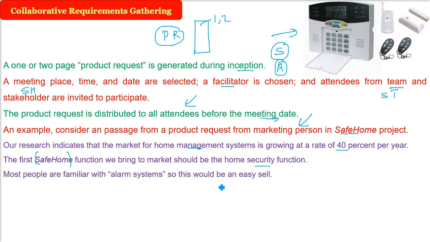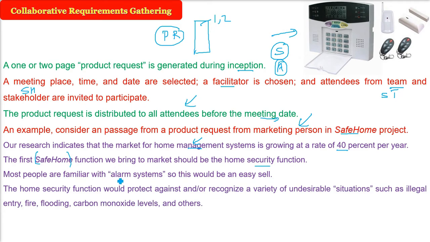Most people are aware of alarm systems, so this home security will also be a hit and blend easily into society. This home security function will protect families and homes from undesirable situations: burglars, illegal entry, thieves, even fire, because we can put in a sensor that can detect fire, heat, flooding and water, and carbon monoxide levels. There are various others we can discuss.